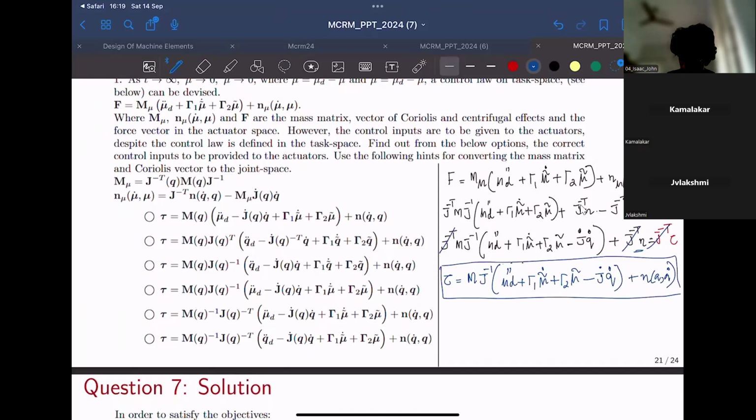So this is how our torque equation in joint space would look if the trajectories are defined in task space.